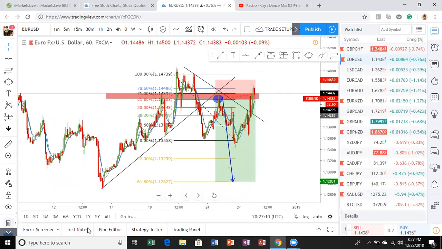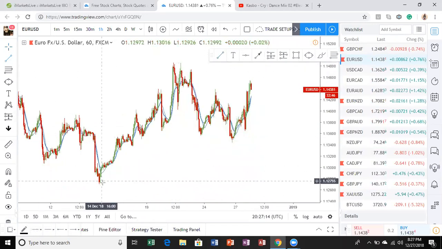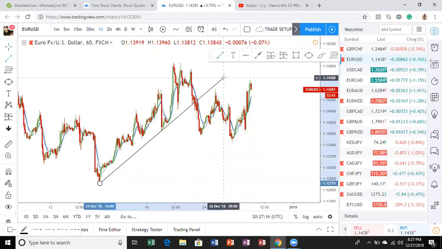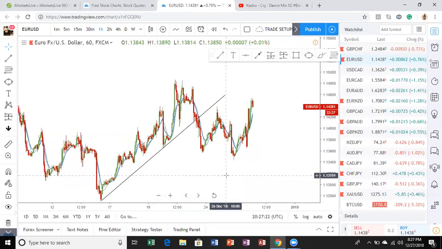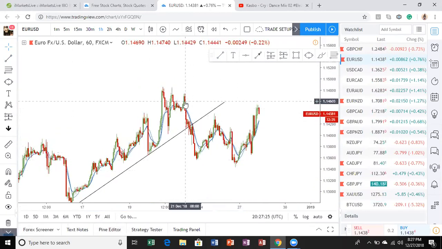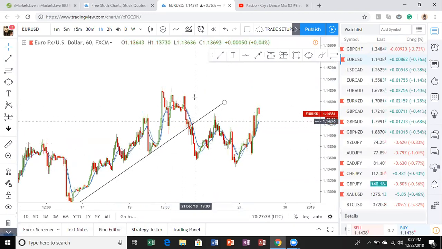Now, there was a nice uptrend here on the Euro USD. Finally, that uptrend broke. Now, what did I do? What type of structure do I want to see? I saw price pushing down, making higher lows and lower lows.